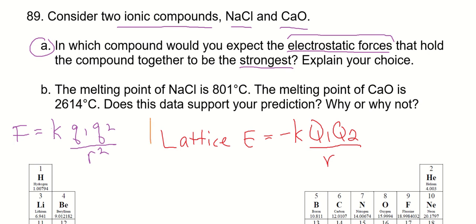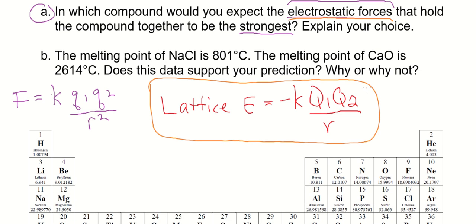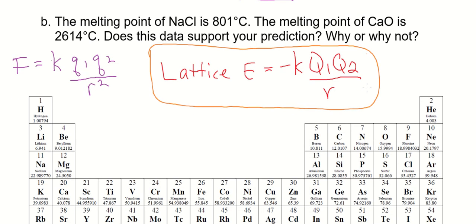So we're going to use that equation, because that's the one we've been using in class, and we'll answer this question in terms of lattice energy, which now you know is derived from Coulomb's law. Same concept here, because we're dealing with the Q's.